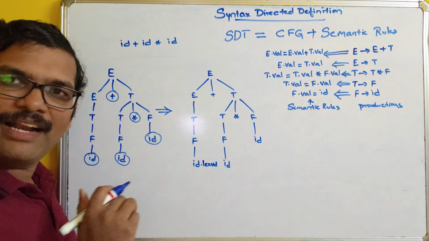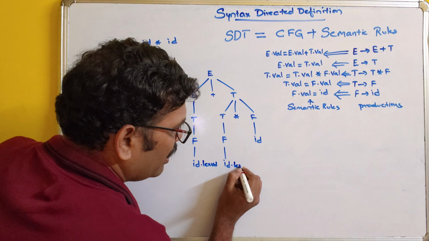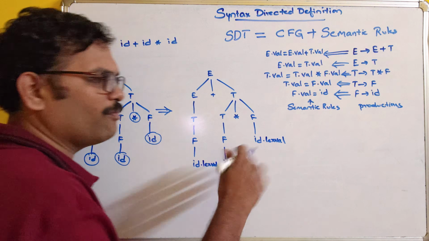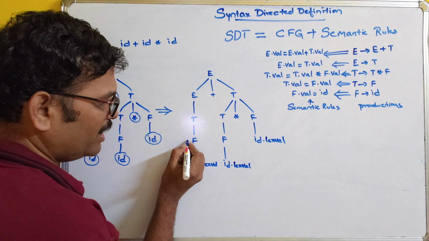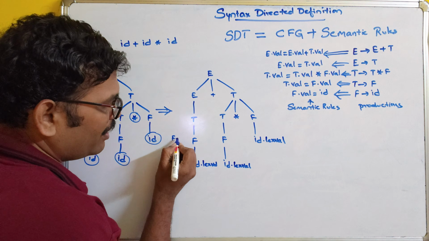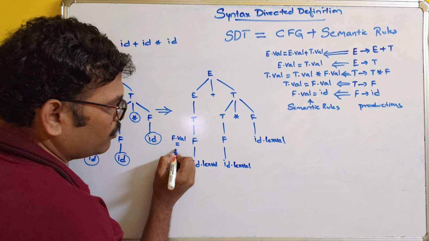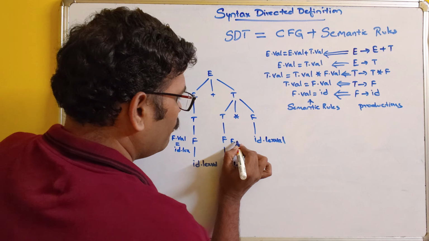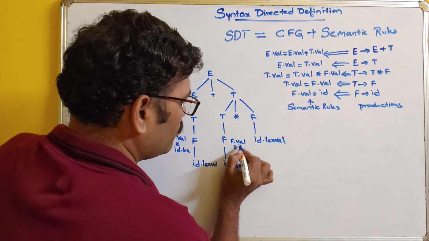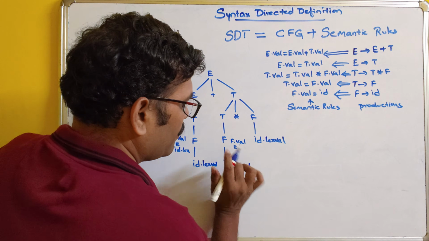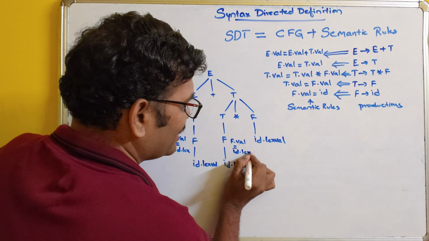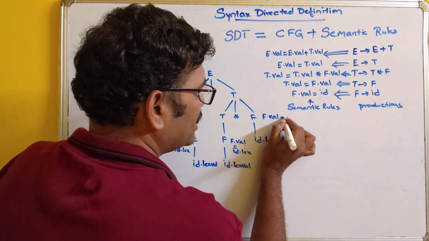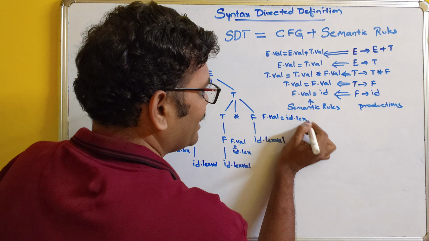That means a direct value. ID dot lex val, ID dot lex val, direct value. Here F. So here what happens? F dot val is equal to ID dot lex val. Here also F dot val is equal to ID dot lex val.